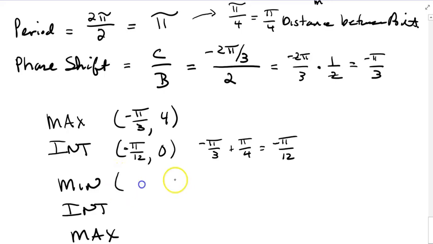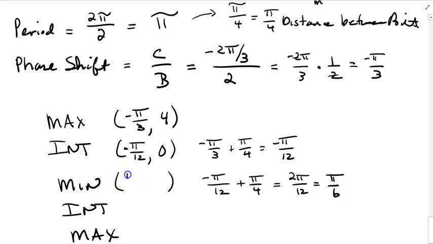For our min value, you have negative pi over 12. We're going to add another pi over 4. So change your pi over 4 to 3 pi over 12, minus pi over 12. It's going to give you 2 pi over 12, which of course is pi over 6. It's a minimum value. So if our amplitude is 4, this of course is going to be negative 4.